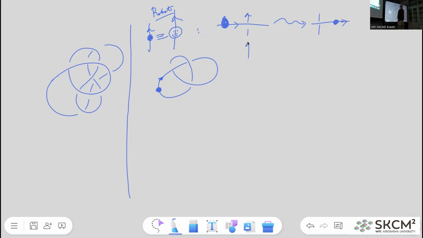If he goes under something, then he switches the crossing. Okay, those are the rules for the operation of this robot. He just does that local thing. He doesn't see the diagram as a whole at all. He just walks along the diagram, and the robot walks around the diagram once.